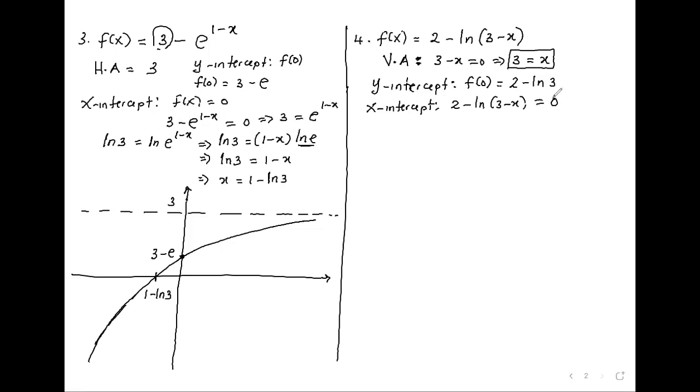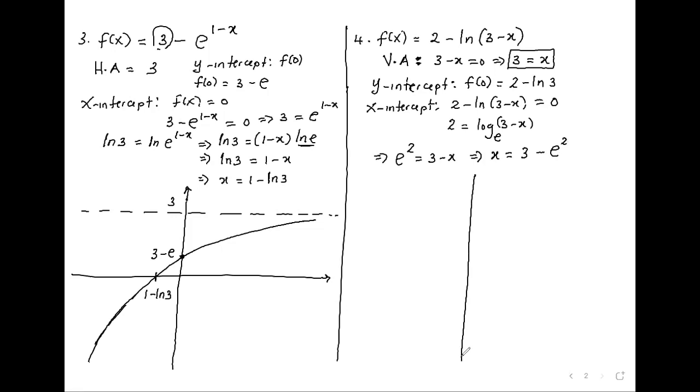So this becomes 2 is equal to log 3 minus x raised e. And then lift it, e squared is equal to 3 minus x. Then we want x, so x is equal to 3 minus e to the power 2. That's a negative number.